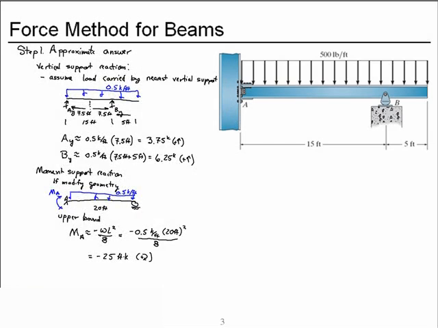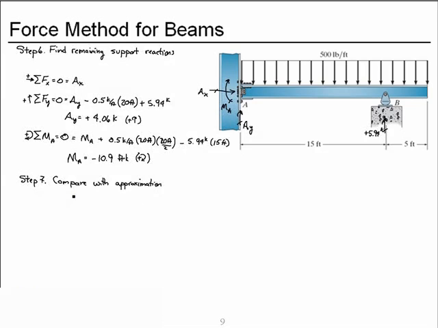We had originally approximated AY to be 3.75 kips up, BY to be 6.25 kips up, and the upper bound on moment to be a negative 25 foot kips, so not in the clockwise direction but in the counterclockwise direction. So we'll re-rate that here. We estimated AY to be positive 3.75 kips acting up.